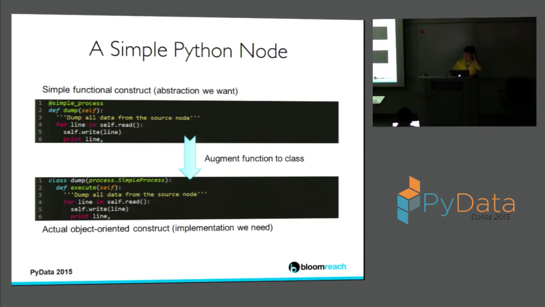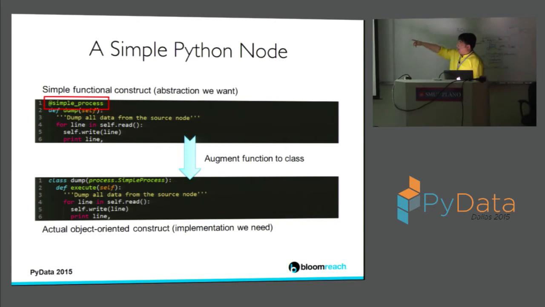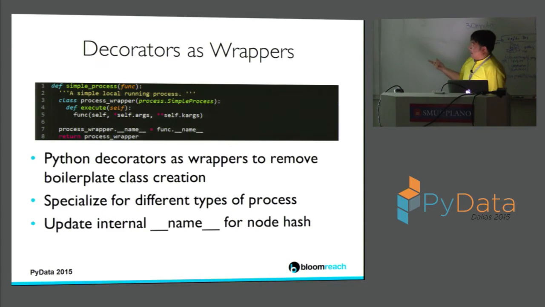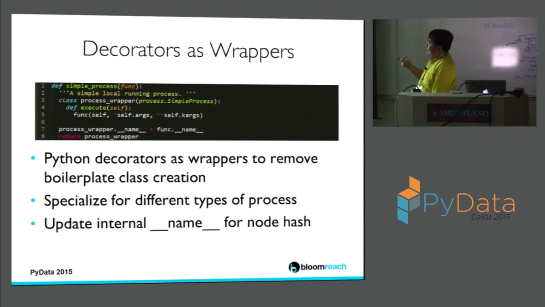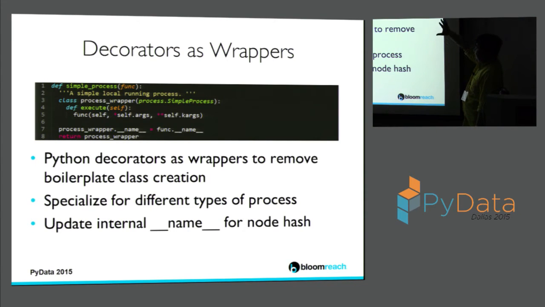And thanks to the dynamic nature of the Python programming language, we can actually do that with the decorator. So this is the wrapper we use to augment a function into a class. Here, if you define something as a simple process, we create a new class for you.